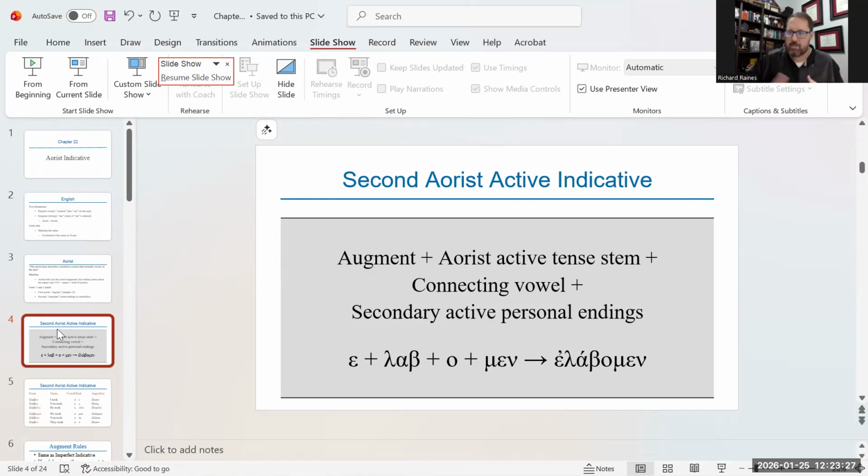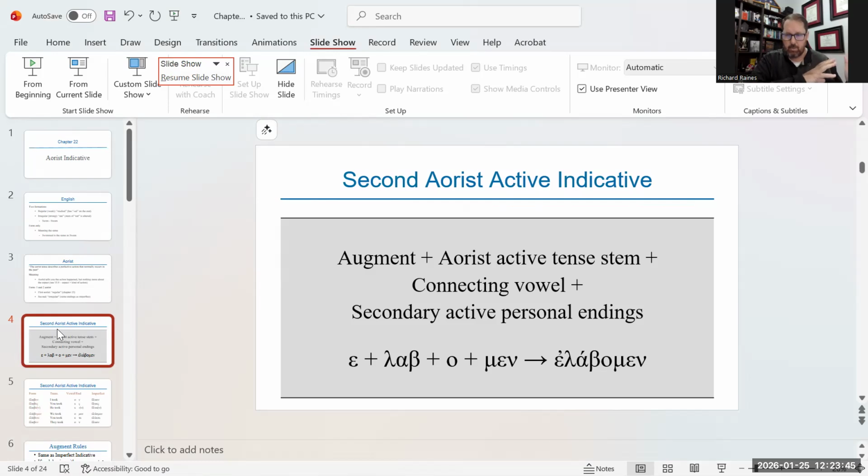If you want to look in your book, this is section 22.5. So essentially what you have with the second aorist active indicative is the imperfect endings with the addition of the augment.